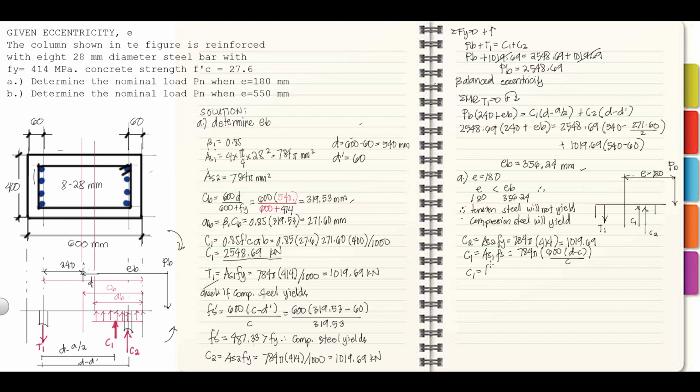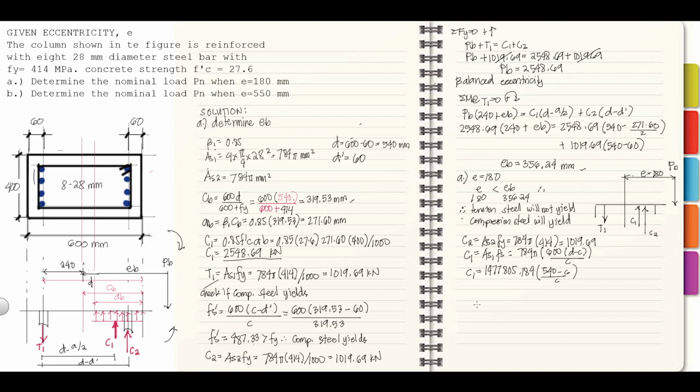So 1,477,805.184 times the quantity D, 540, ang D natin, minus C all over C. So ito yung magiging C1 natin in terms of C. Alright?